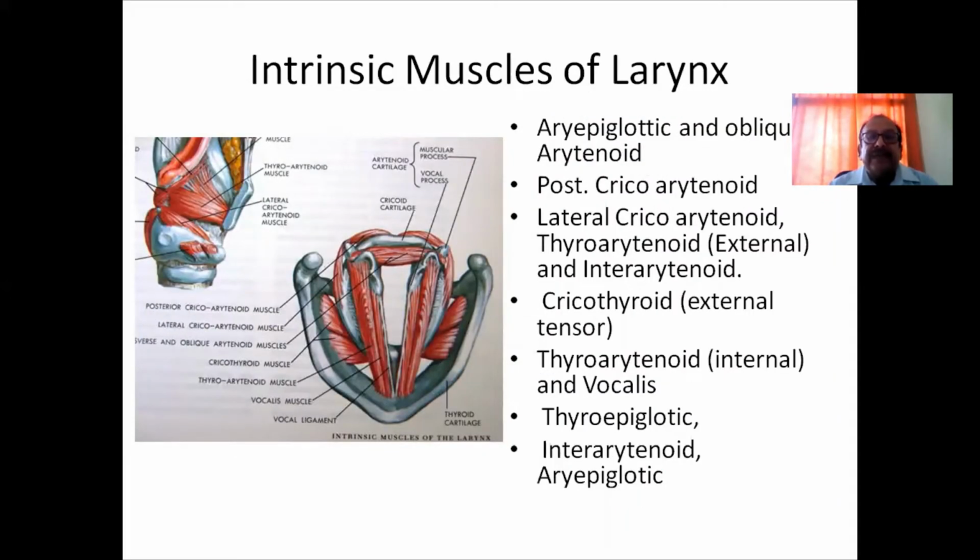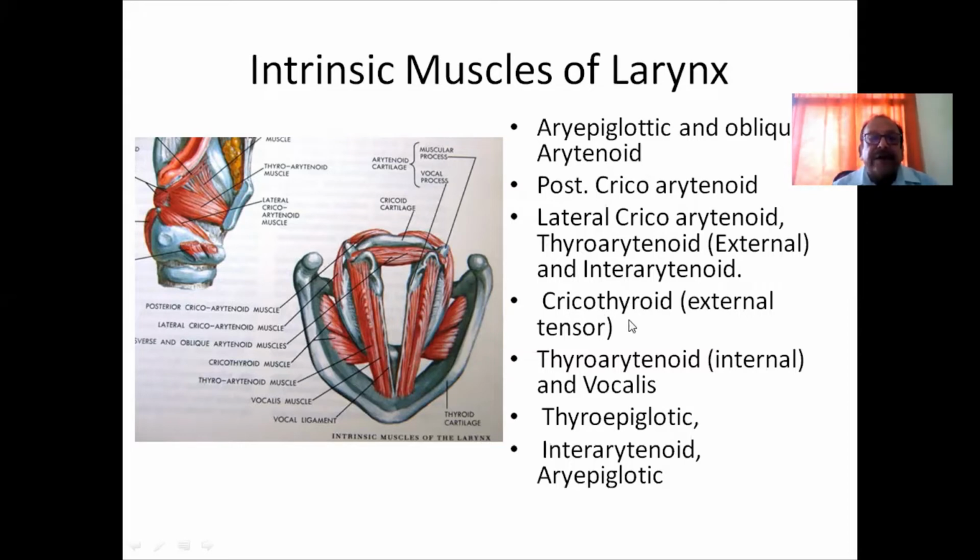There are various intrinsic muscles of larynx which help in the movement of vocal cords and the movement of various joints. The aryepiglottic and oblique arytenoids, then posterior cricoarytenoid, lateral cricoarytenoid, thyroarytenoid, and interarytenoid.